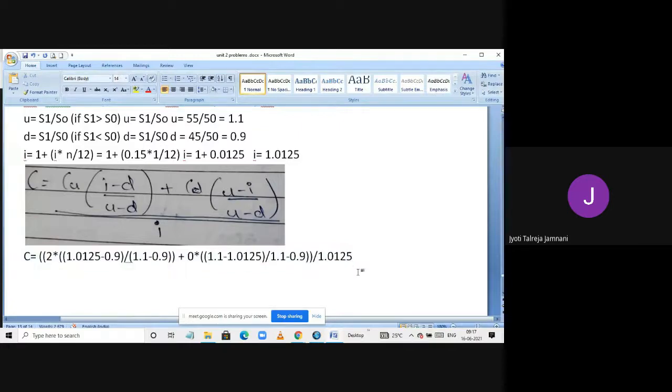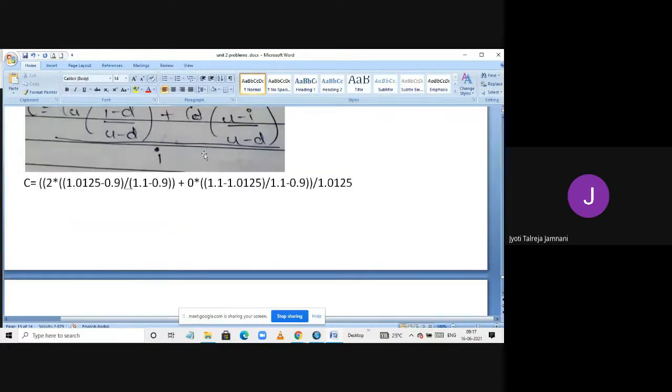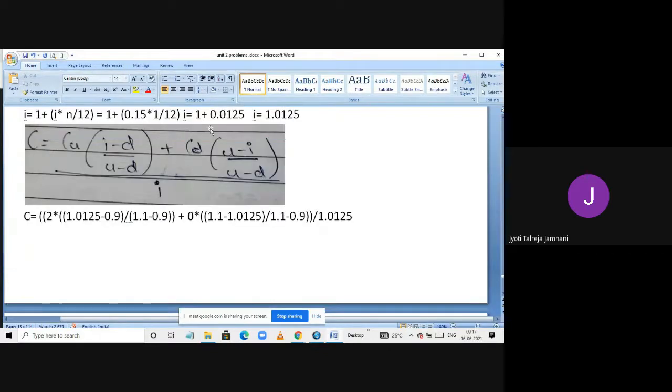If you look at this equation, this part, that is CD into U minus I, divided by U minus D, I'll just highlight it. What you're doing here, just see, you're doing 0 into this value. Anything multiplied with 0 is 0.